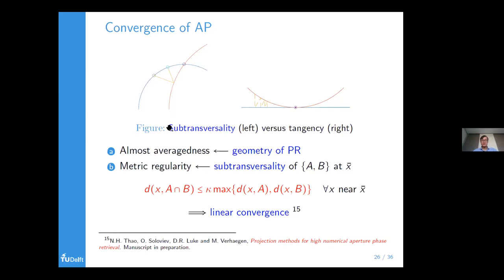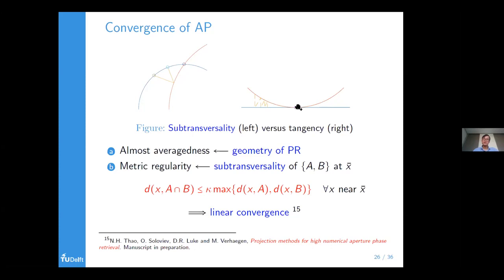In the phase retrieval context, the subtransversality property is the negation of tangency. In the left figure, we have the subtransversality property, and in the right figure, we don't have this property.